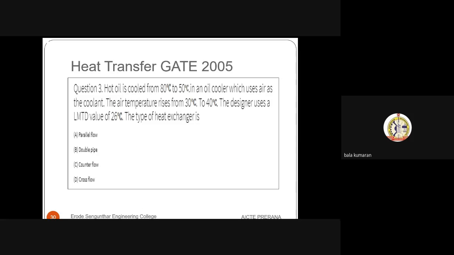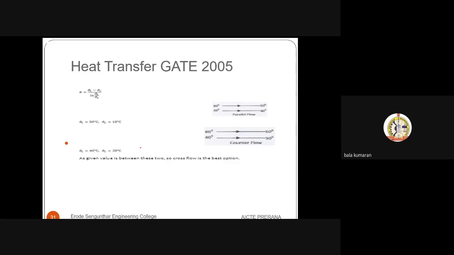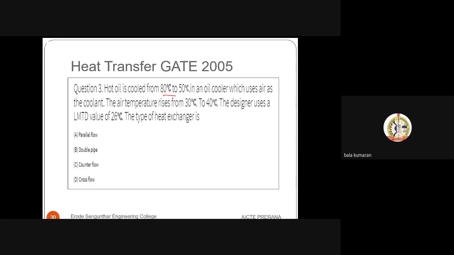Okay, the next question was asked in 2005, which is a 2 mark question. In this question, they asked to find which type of heat exchanger we are going to design for the given temperatures. Here they have given four temperatures and an LMTD. The temperatures are 80, 50, 30 to 40, and this one is 20 Celsius.